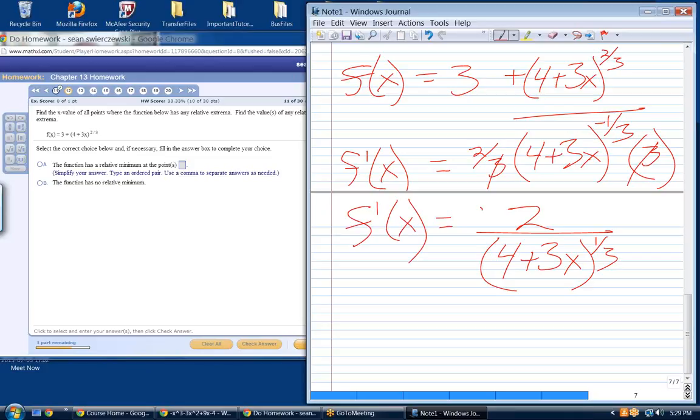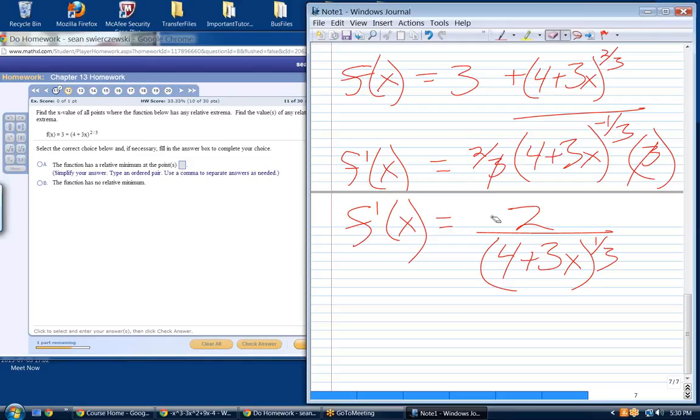Where is a relative extrema going to be? Wherever f prime of x is 0 or undefined. Well, where is f prime of x 0? Nowhere.